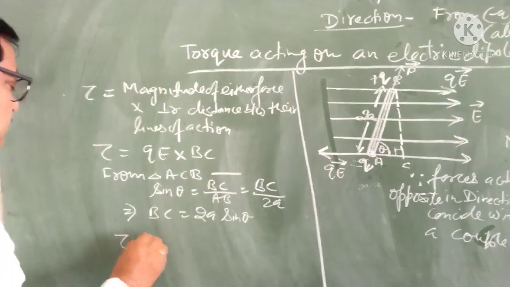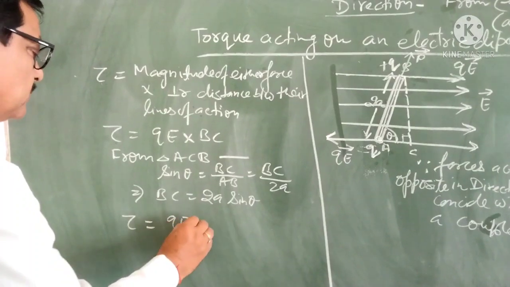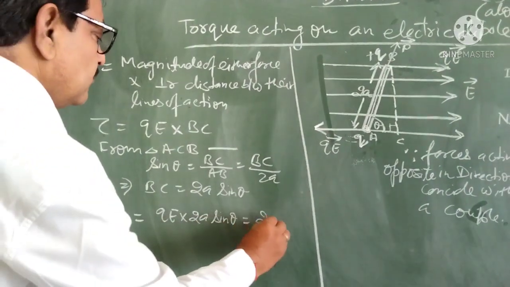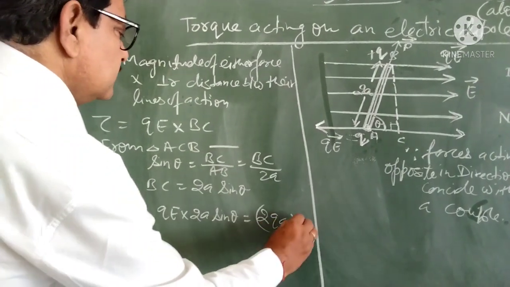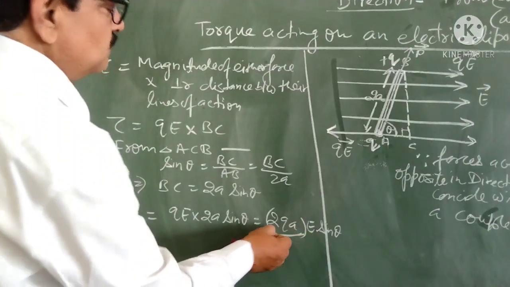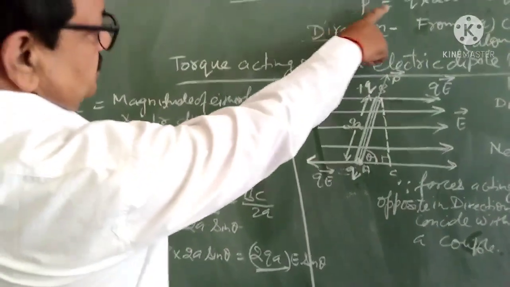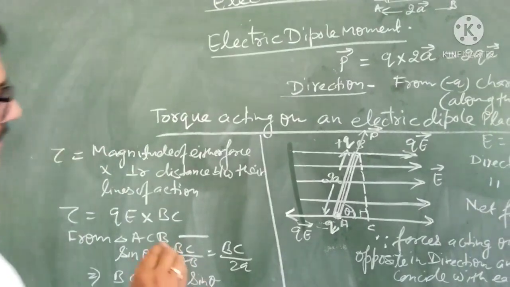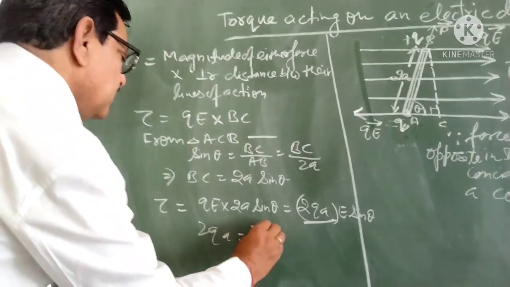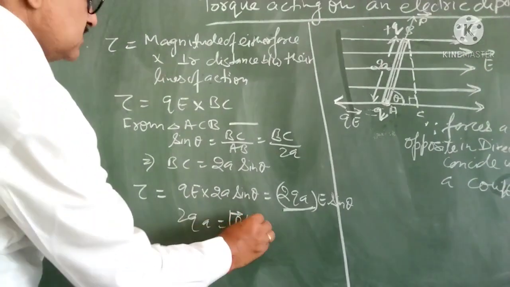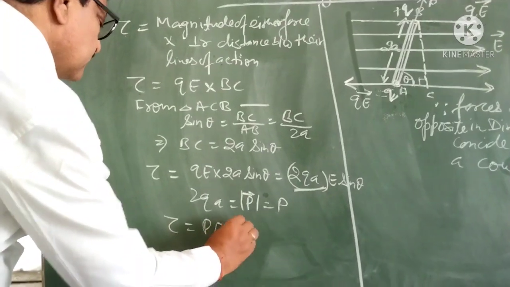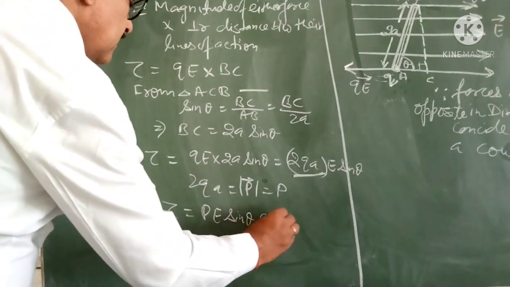Now put the value of BC. Tau equal to qE into 2a sin theta, that will be 2qa into E sin theta. Now you know 2qa. Previously we have discussed dipole moment. So 2qa is equal to mod P, या simply P भी लिख सकते हैं. So tau equal to PE sin theta, it is magnitude.